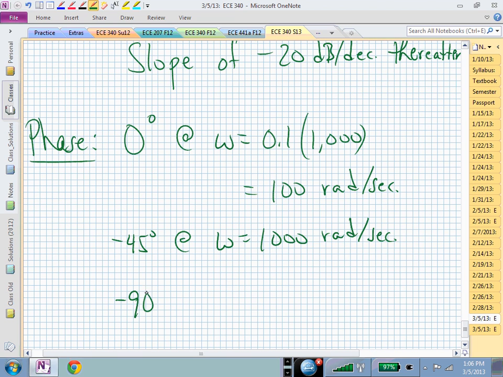And it's going to be at its ultimate value, minus 90 degrees, a decade beyond that break frequency. Now I've written a verbal description of the Bode plots. I can now sketch those.